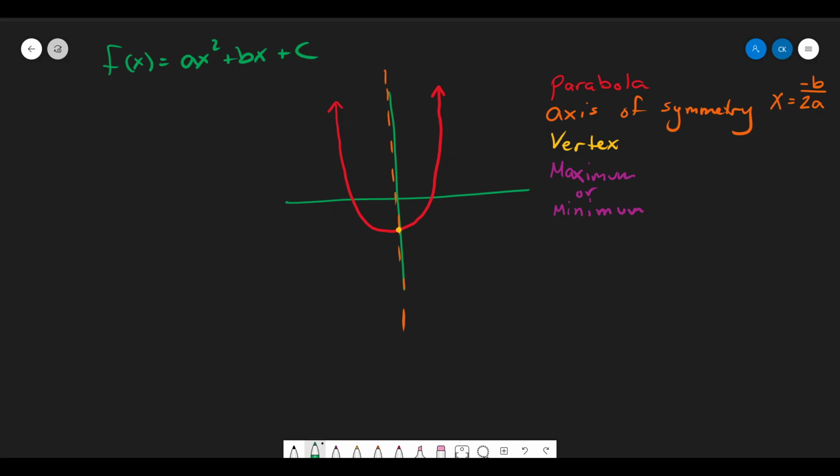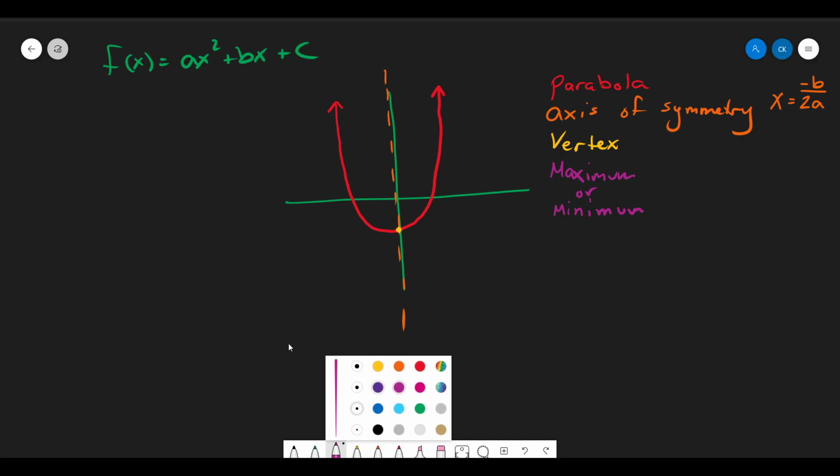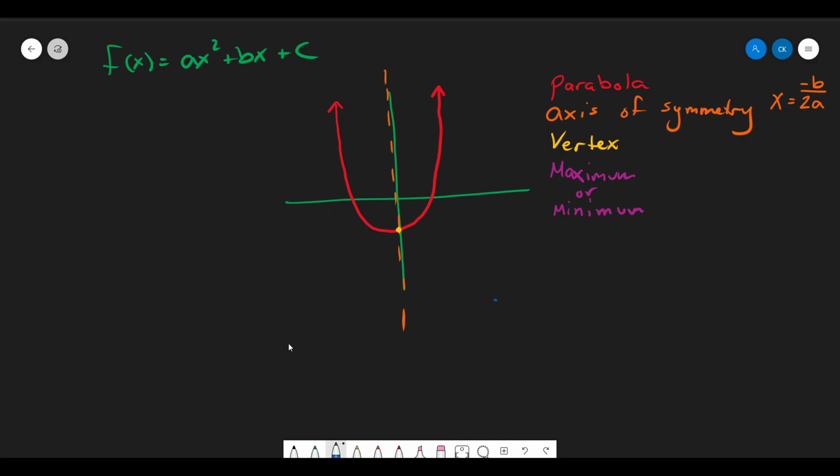Now, the last 2 things I want to talk about are our domain and our range. Okay? Now, we always talk about this when we talk about our new functions, so we obviously are going to talk about it here as well. The one easy one of this will be the domain.